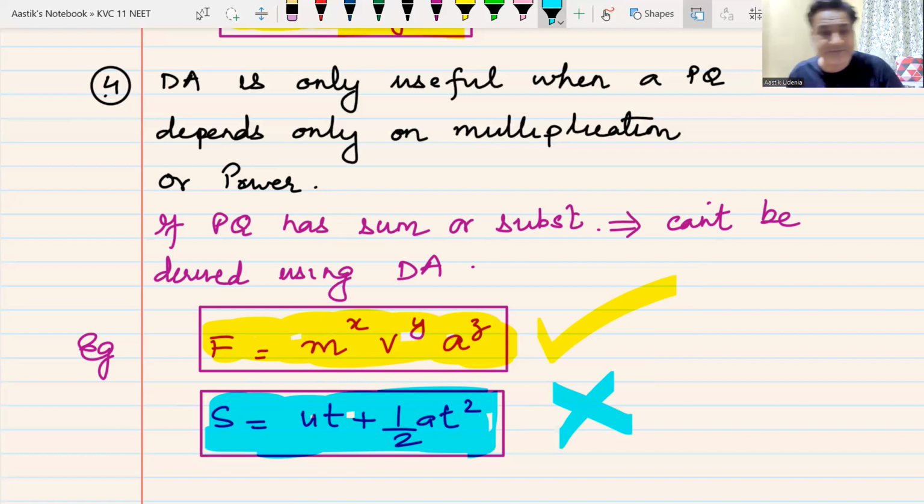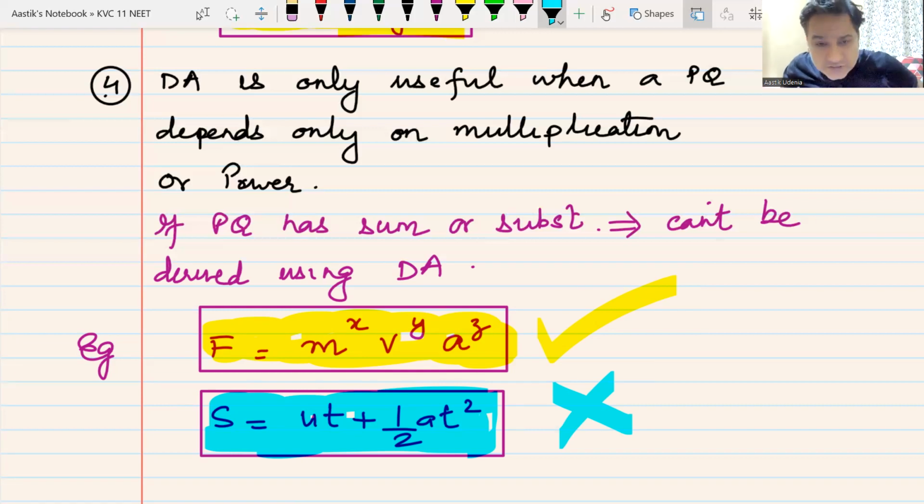Do we understand this? This equation cannot be derived using dimension analysis because it has plus or minus coming into it. Do we understand this? Yes, sir. Everyone understand this? We can only use it for multiplication and powers. We cannot use it for addition and subtraction.